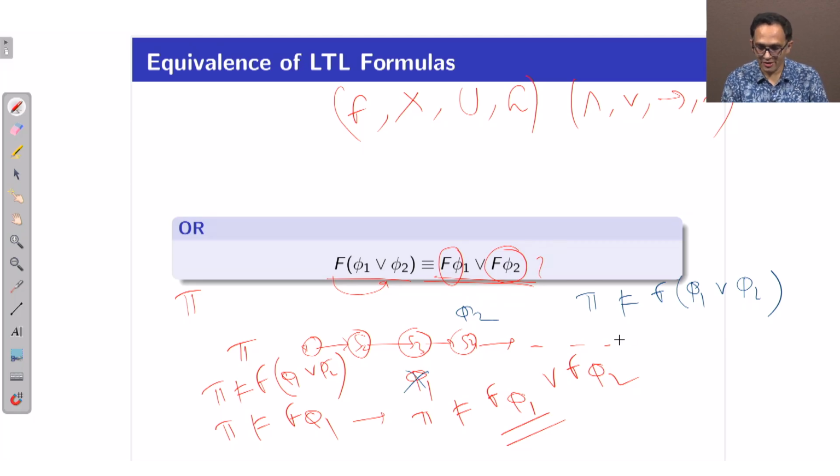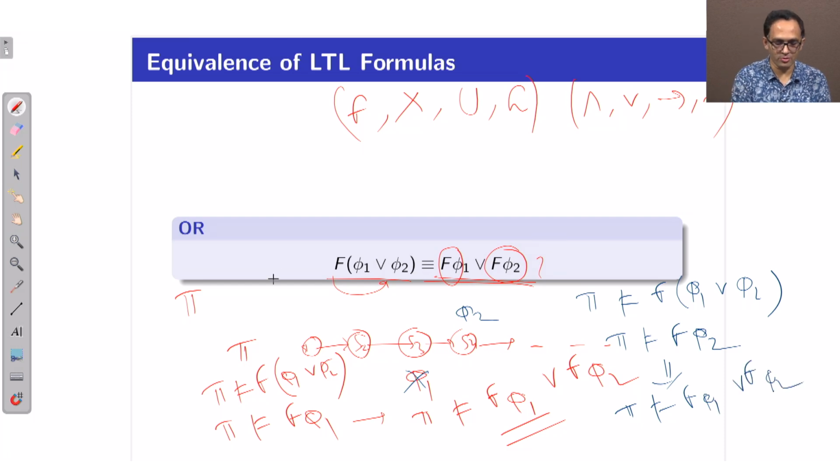Similarly, pi satisfies F of phi 2, because in this path in future phi 2 holds, and this implies pi also satisfies F of phi 1 or F of phi 2, right? So therefore this is equivalent. So the eventual operator distributes over the OR operator.